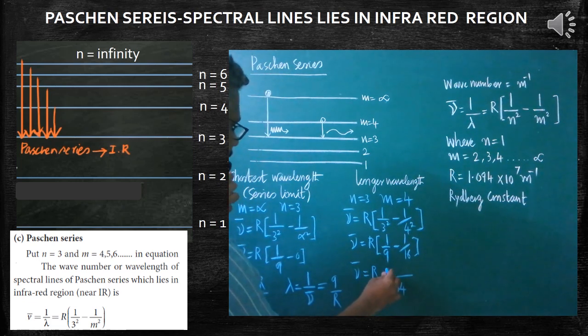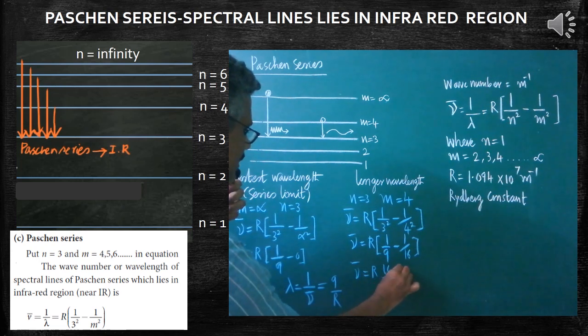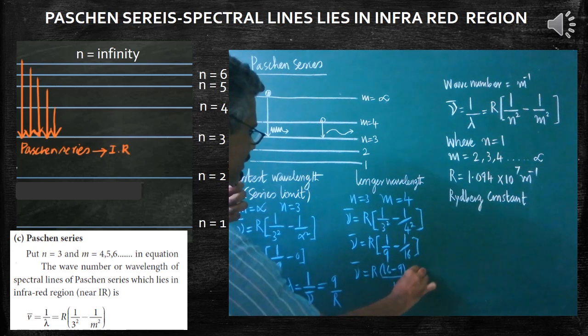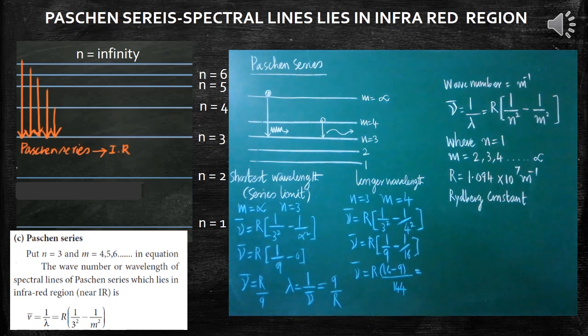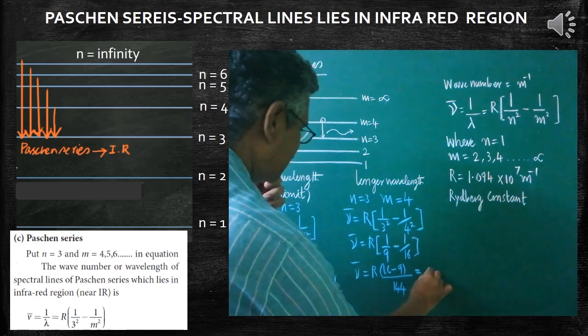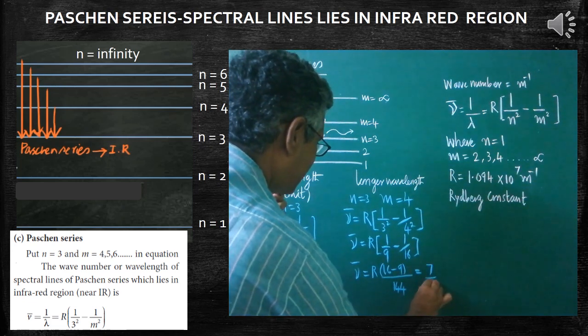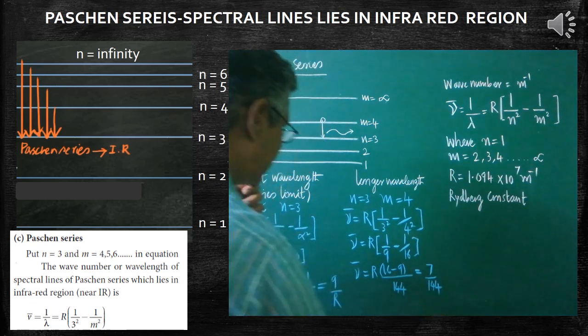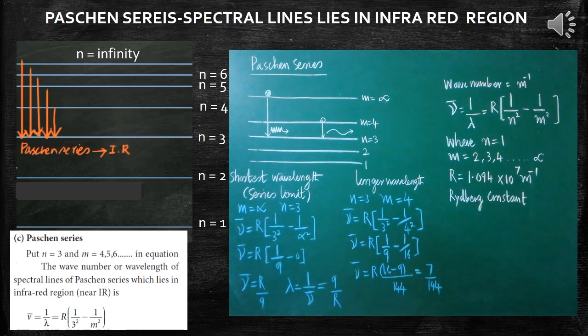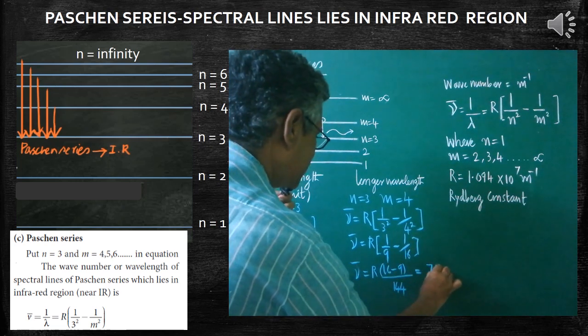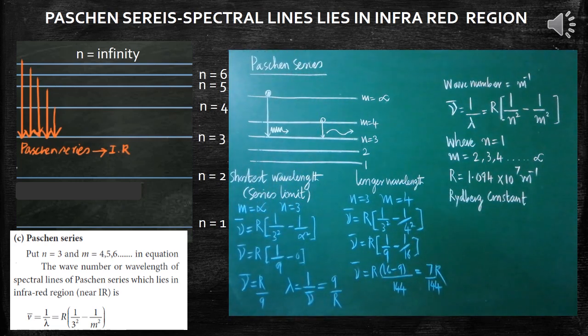After taking LCM you will get 16 minus 9, which could be written within the bracket. Finally, we get the expression 16 minus 9, which gives 7 divided by 144, into r. So this is the expression to calculate the wave number.